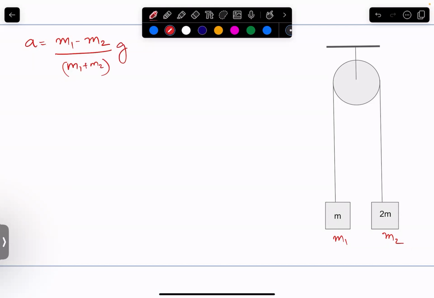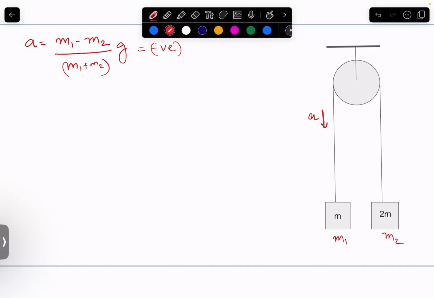I am taking m1 because I am assuming this acceleration to be in this direction. If m1 is lesser than m2, you will get a negative quantity over here, which will indicate that m2 is larger than m1, and the acceleration is in the other way than the assumed direction.